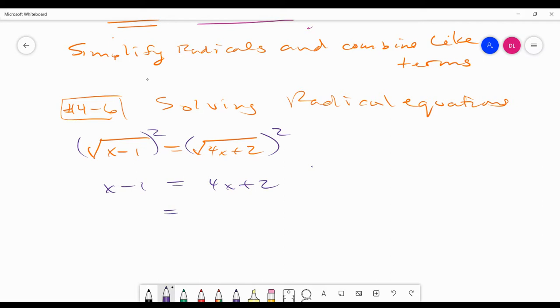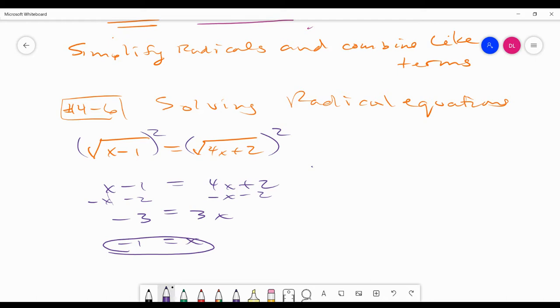I don't care how you work this out. I'm going to subtract 2 from both sides, and then I'm going to subtract x from both sides. What that gives me is negative 3 equals 3x, and that means x equals negative 1. So my answer is negative 1.